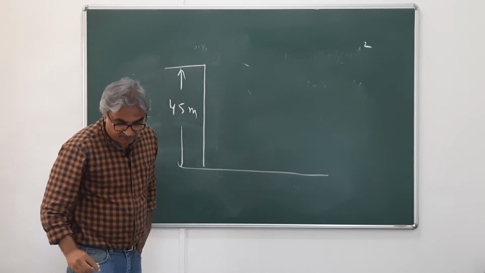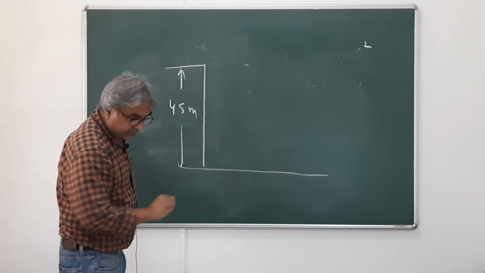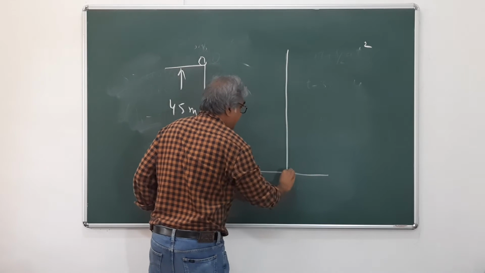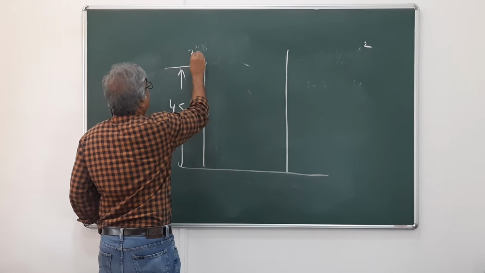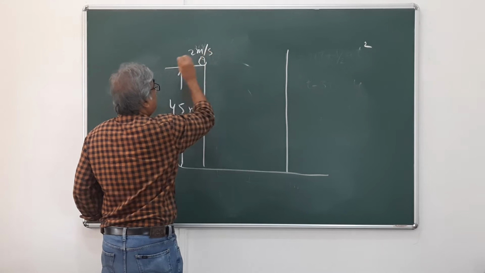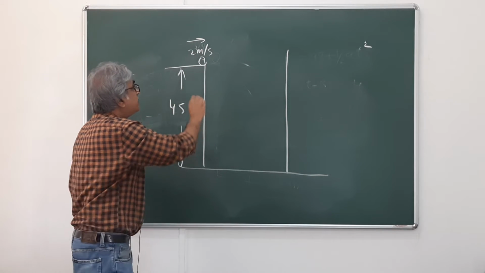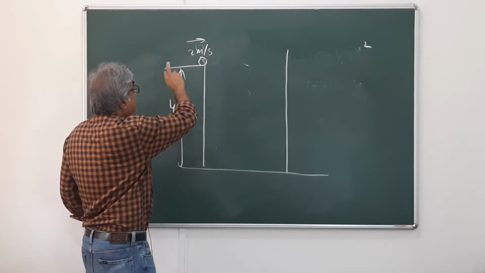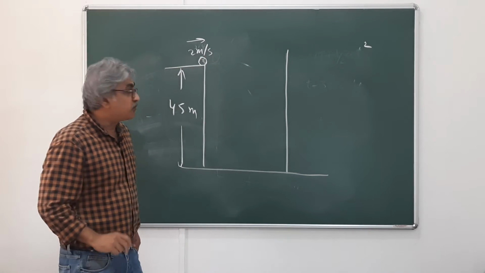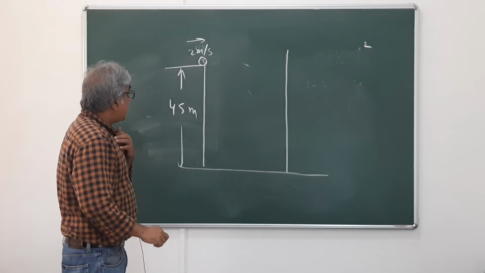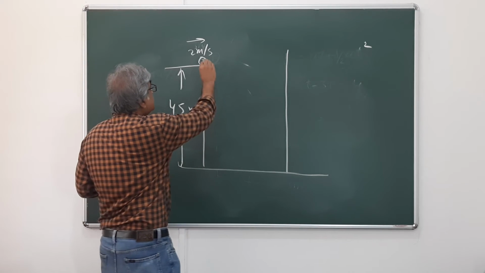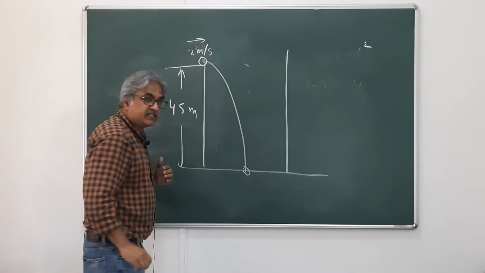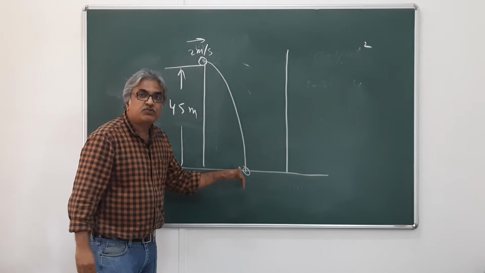This is the ground level, and let's say there is a wall here, and a ball is thrown from the top of the cliff with a horizontal velocity of 2 meters per second. Suppose this ball is reaching somewhere here. So what is the time it takes to reach the ground?